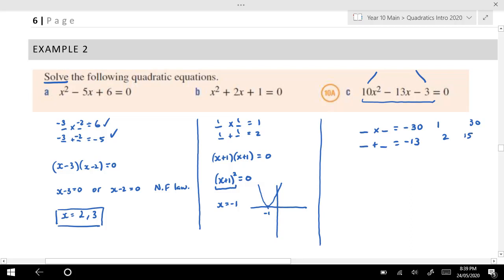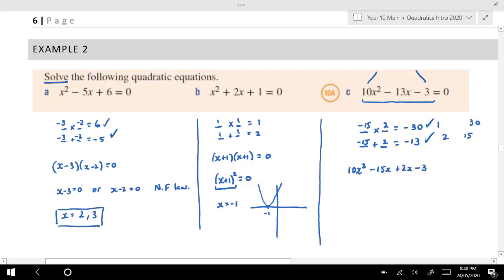If I did 2 and 15, that could work, couldn't it? I'd say so. Let's have a look. If I do minus 15 times positive 2, that's negative 30, and minus 15 plus 2 is equal to minus 13.